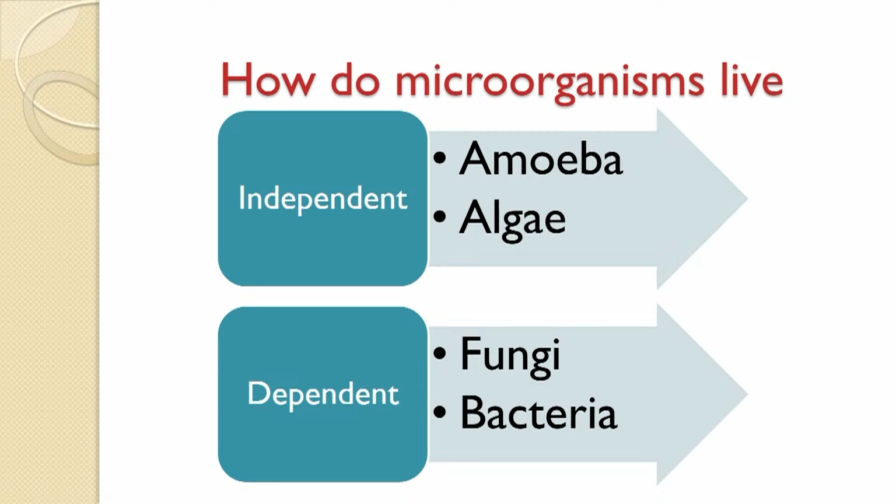Here, the algae are photosynthetic microorganisms. They can prepare their food on their own, hence they can live independently. Whereas the fungi are saprophytic microorganisms. They can't create their food on their own, therefore they have to live on other microbes to take the nutrients and water from the body.